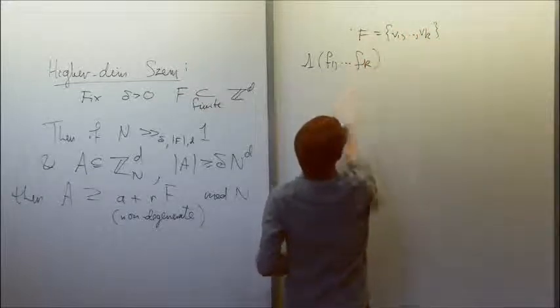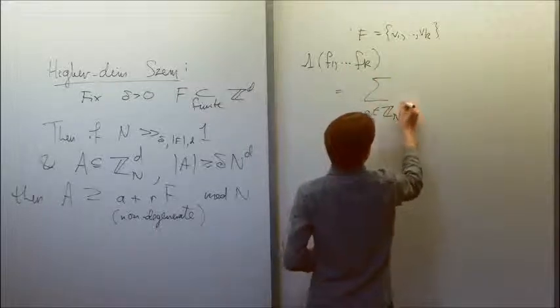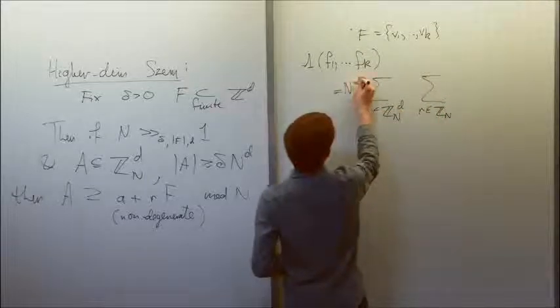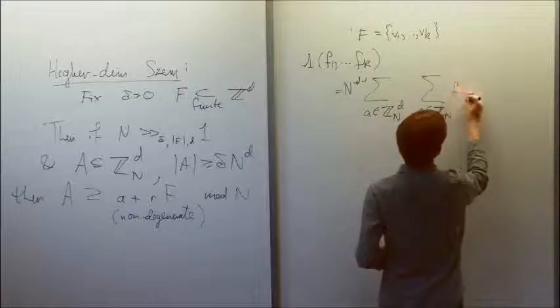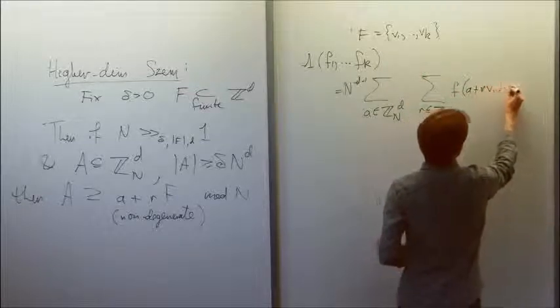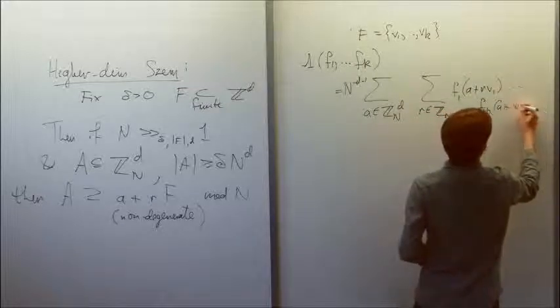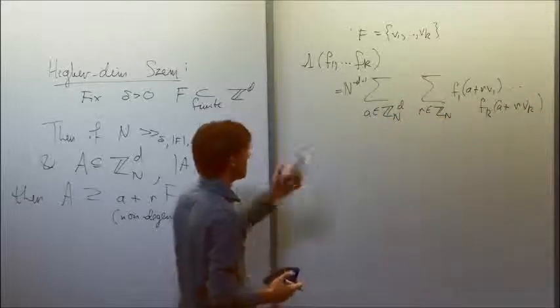Then the relevant multilinear form is now an average over all translates and dilates of F, of the product of the values of these functions at the corresponding points of that translate and dilate of F. So far so good. This is the right quantity to study.